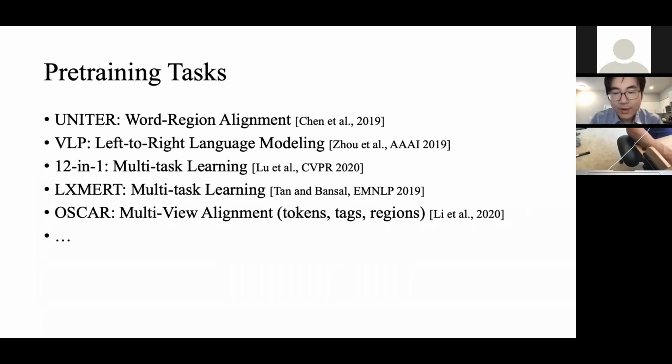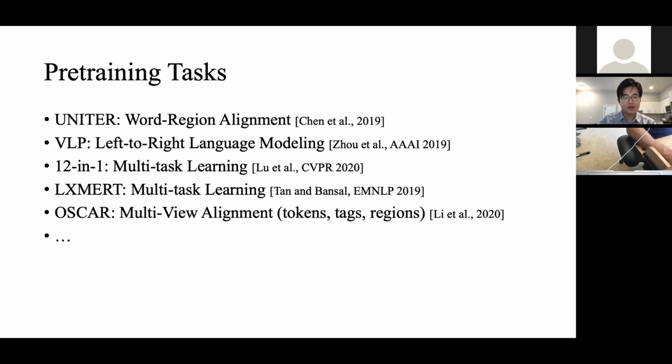So besides the three popular pre-training tasks, there could be more interesting ones. For example, UNITER also proposed the word region alignment. VLP proposed left to right language modeling so that we could also incorporate image captioning as one downstream task. And 12-in-1 and LXMERT said we should do multitask learning, moving the downstream tasks back to the pre-training stage.